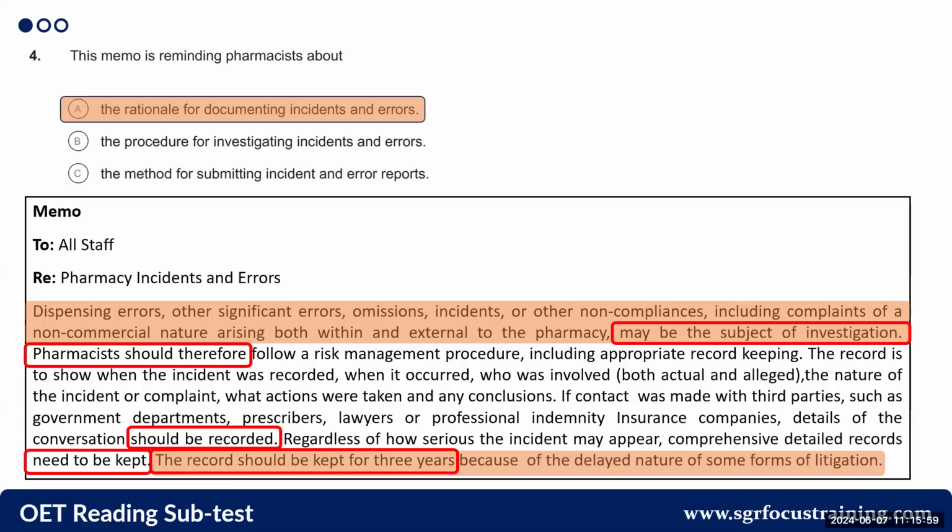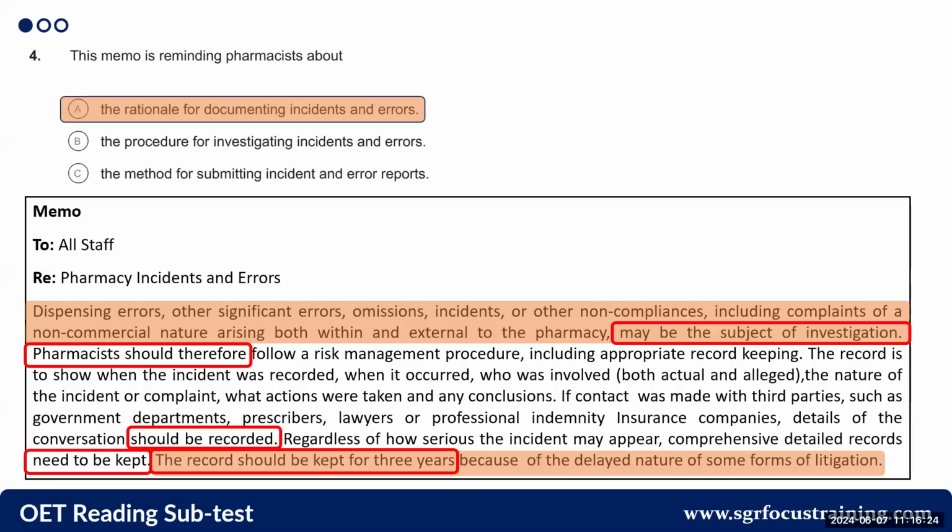Now, if we go back to A, the rationale that we are expecting the text to give us is the reason why incidents and errors are to be documented. Whereas for B, the procedure or what to do that we are expecting to find in the text is the procedure for investigating incidents and errors.